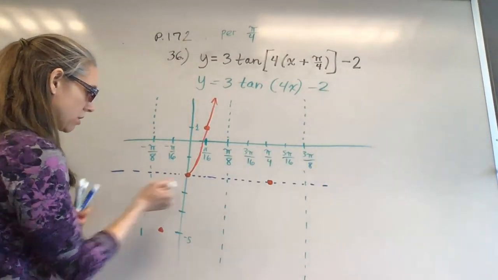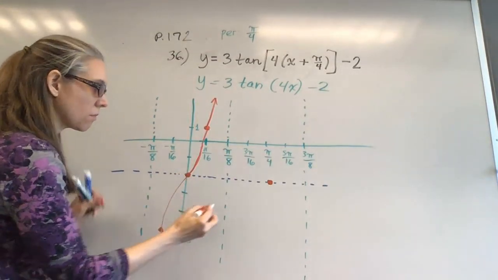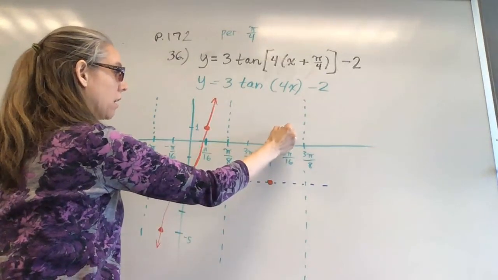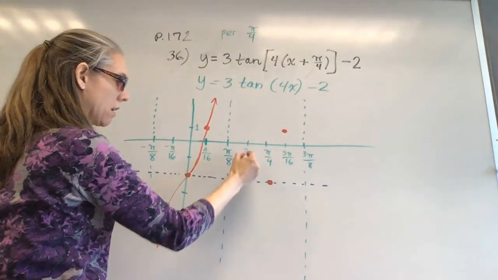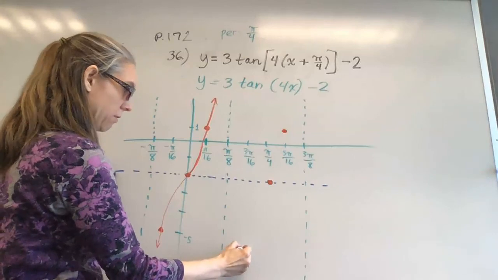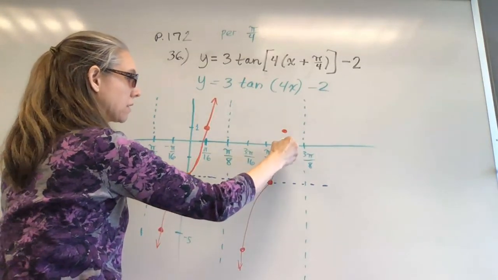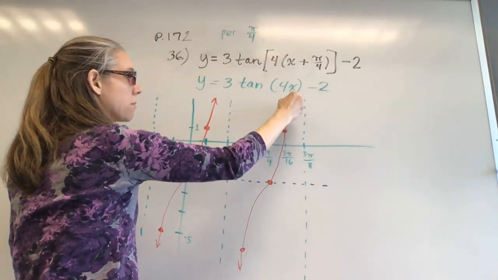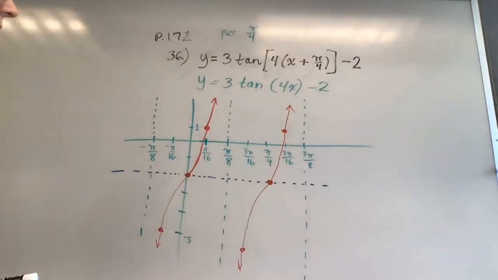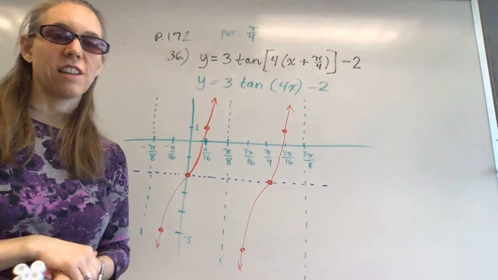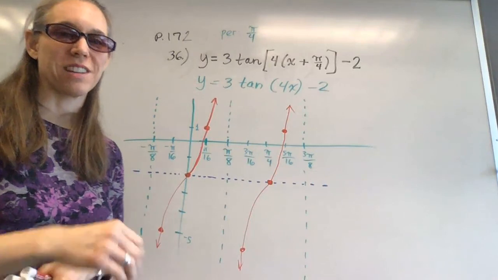So be cautious about that. Likewise, over here, I'll have a dot at 1 and then another dot down here at -5. Going to the left is easy. Going to the right, you want to cross the x-axis before the 5π/16 mark, and there you go. So that is our tangent and cotangent lecture for today, part 2.